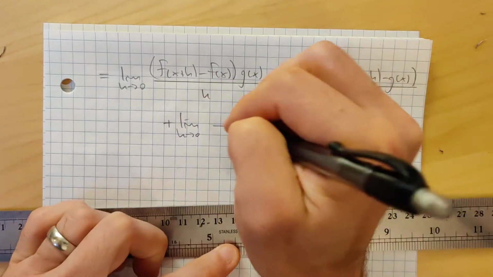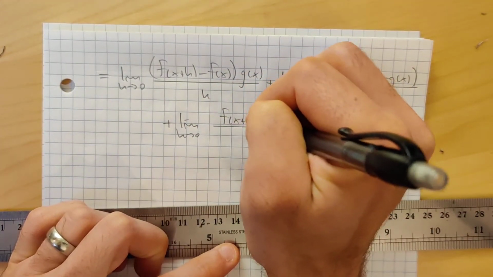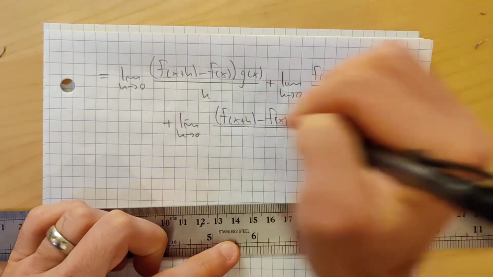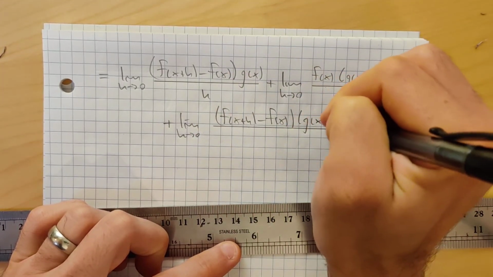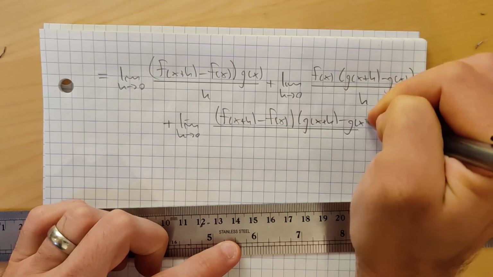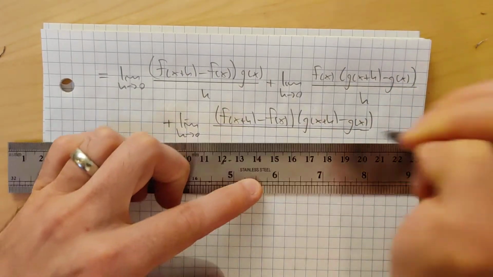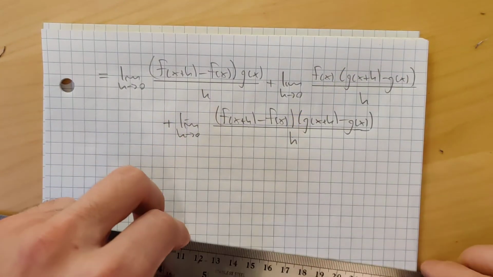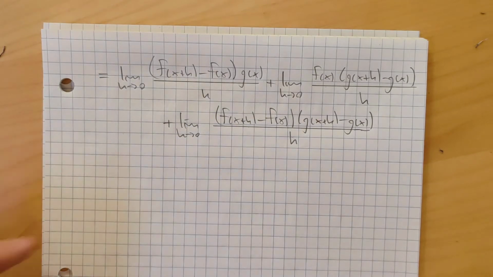What's the third? f of x plus h minus f of x times g of x plus h minus g of x all over h. Okay, great.